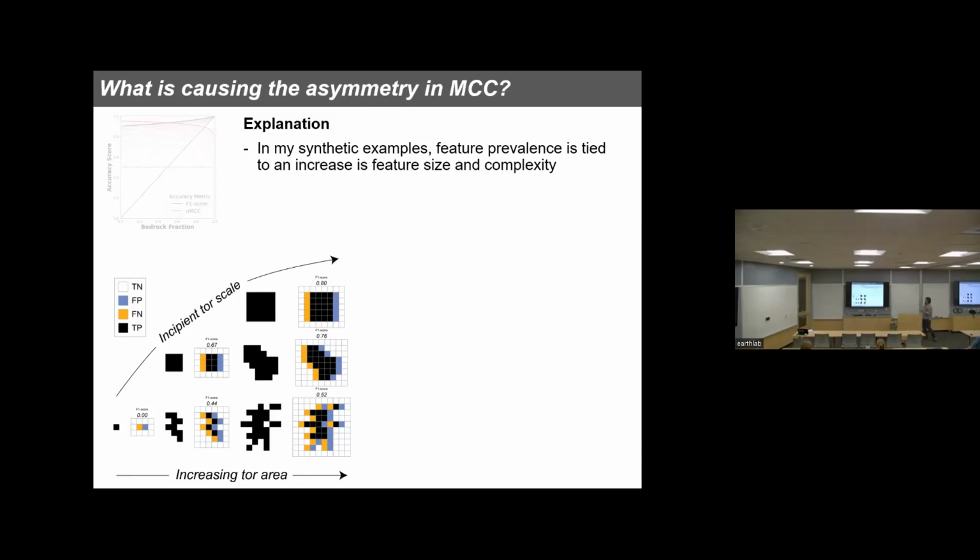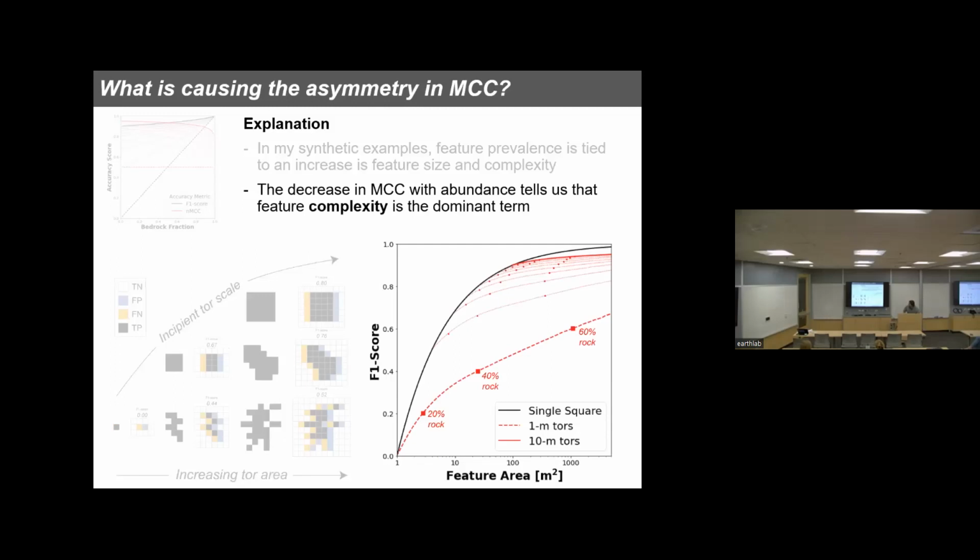You can see that making a large feature with a square is going to be way less sensitive to that systematic error than making a large feature with coalescing small squares, because it's making more complex shapes. And in fact, I can do this for that run that I showed you with the systematic error.